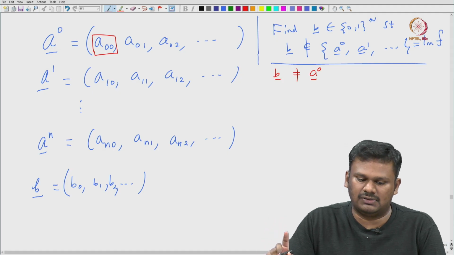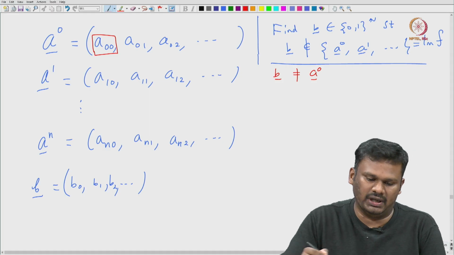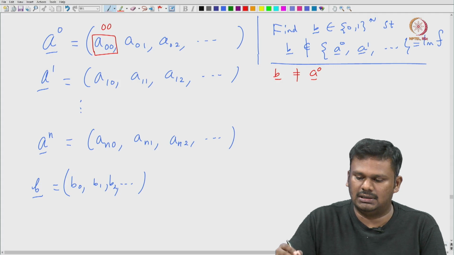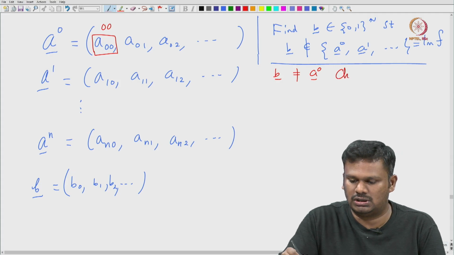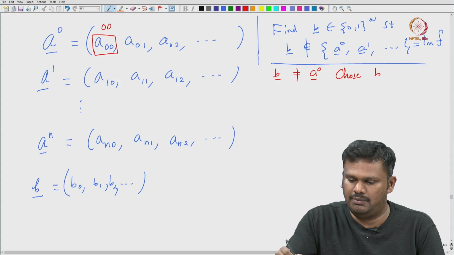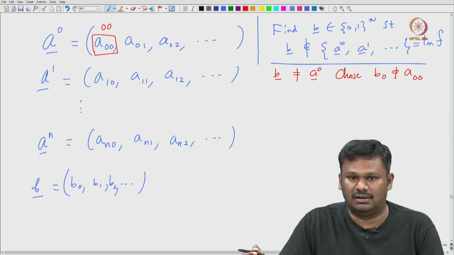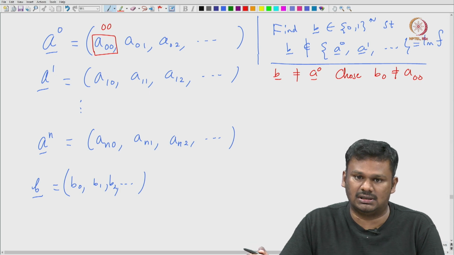So, for that purpose what we will do, we will take this 0 0 entry. So, we will look at this 0 0 entry and then we choose B naught which is different from A naught naught. Okay. So, that option is there because A naught naught is fixed, A naught naught is going to be either 0 or 1.